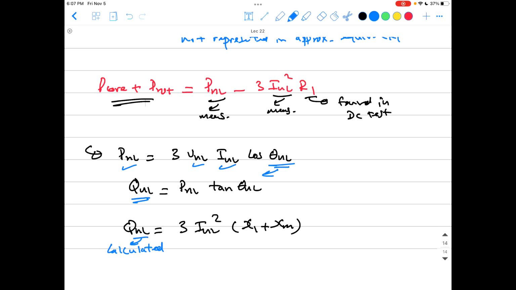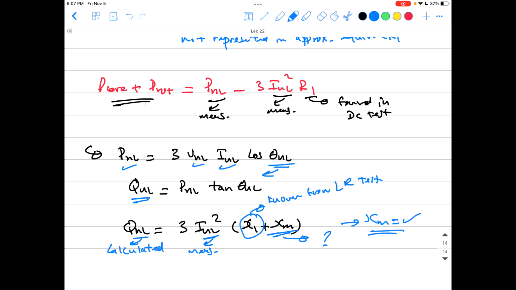And I no load is just measured. You know it. X1 is known from the locked-rotor test. We already found it before. So everything is now just to find XM. So XM here can be found.